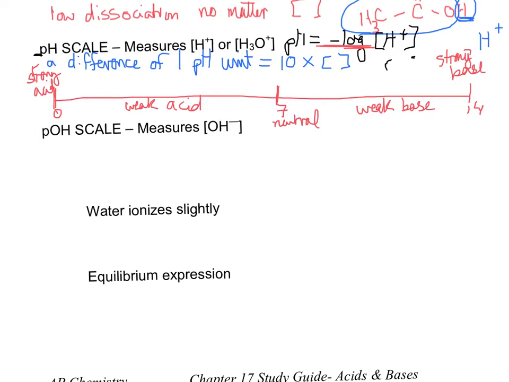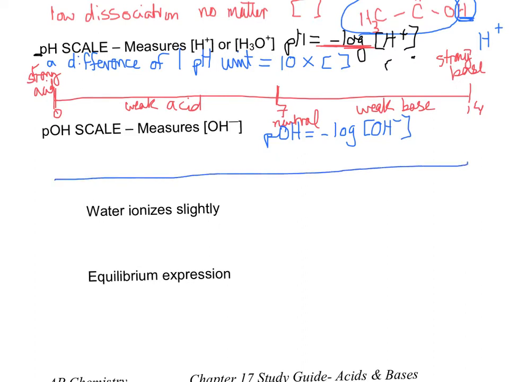Now, similarly, we have the pOH scale. The pOH scale is a measure of the OH minus concentration. So pOH is negative log of the OH minus concentration. Again, it's from 0 to 14, and 7 again is neutral. Because it measures the OH minus concentration, it's flipped.